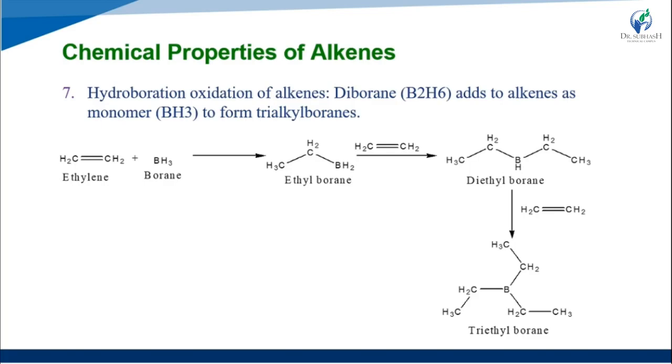First we take ethylene plus borane, making the ethyl borane. After further addition of alkenes, making the diethyl borane, which has 2 alkyl groups. Then with further addition of alkenes, making the triethyl borane. So triethyl borane has 3 alkyl chains.